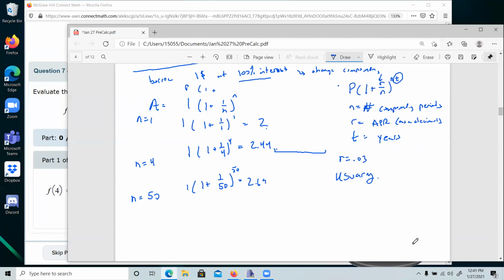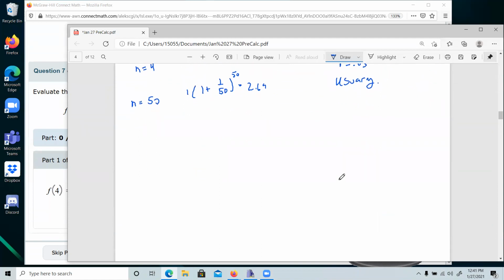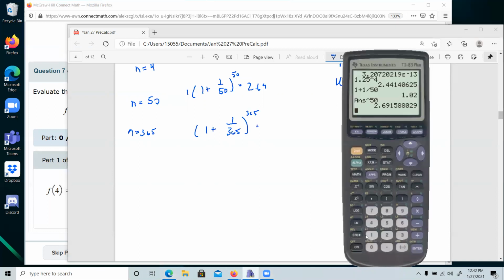How about we do daily? N is equal to 365. 1 plus 1 over 365 raised to the 365. What's that? It's 2.71.